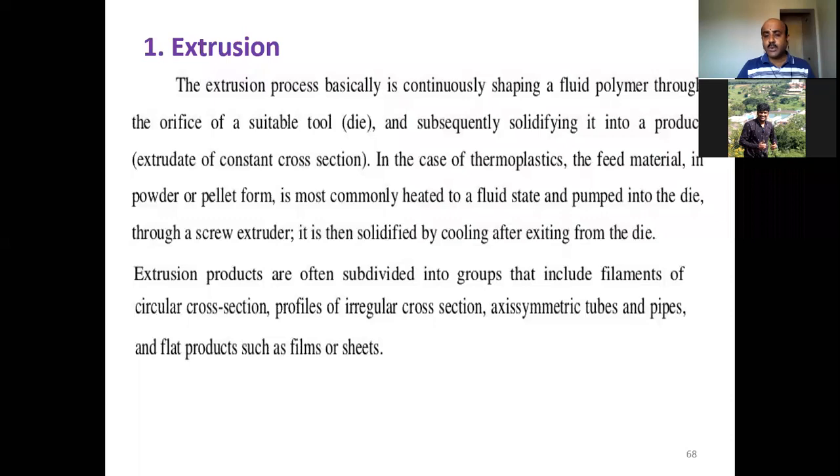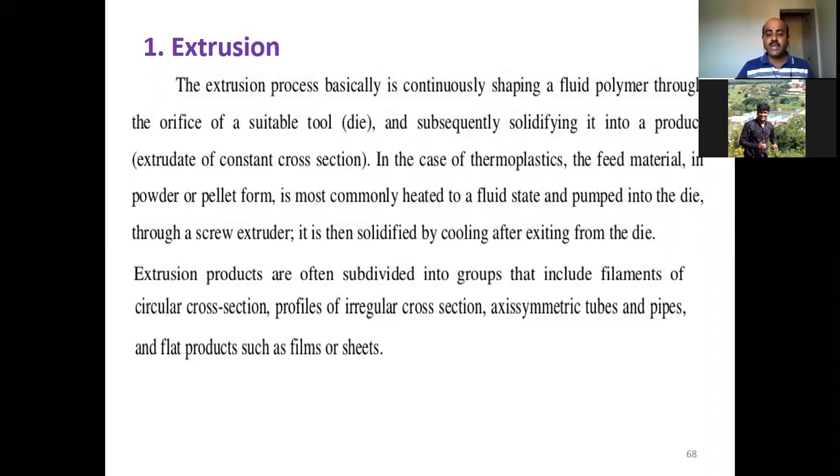In the case of a thermoplastic, the feed material, which will be in the form of a powder or a pellet, is heated to a fluid state and pumped by means of an external power or external agent into the die through the screw. The screw will turn and push the material, and as it passes through the die, the die will have the same shape as is required for the final product.